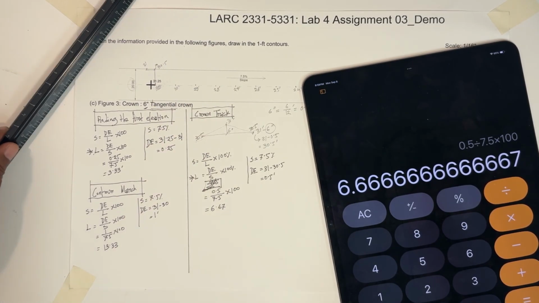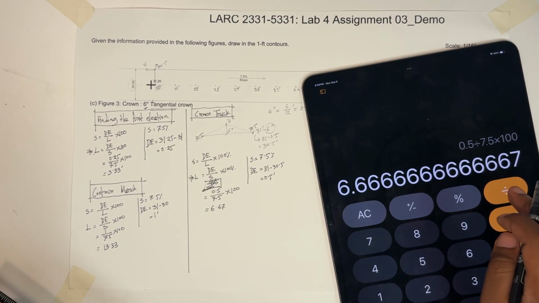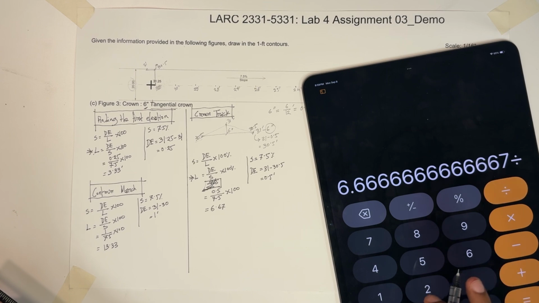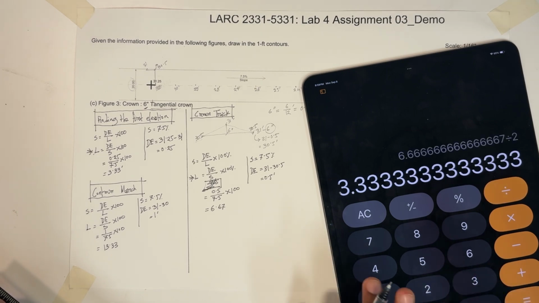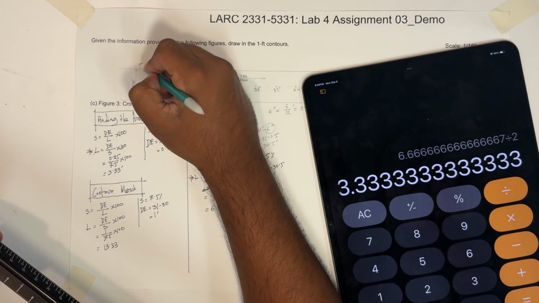And we can't use a 6.67. We need to divide it by 2 to put it in scale. 3.33. And we're dividing because we don't have a 1/16. We only have a 1/8 scale. So yeah, 3.33.